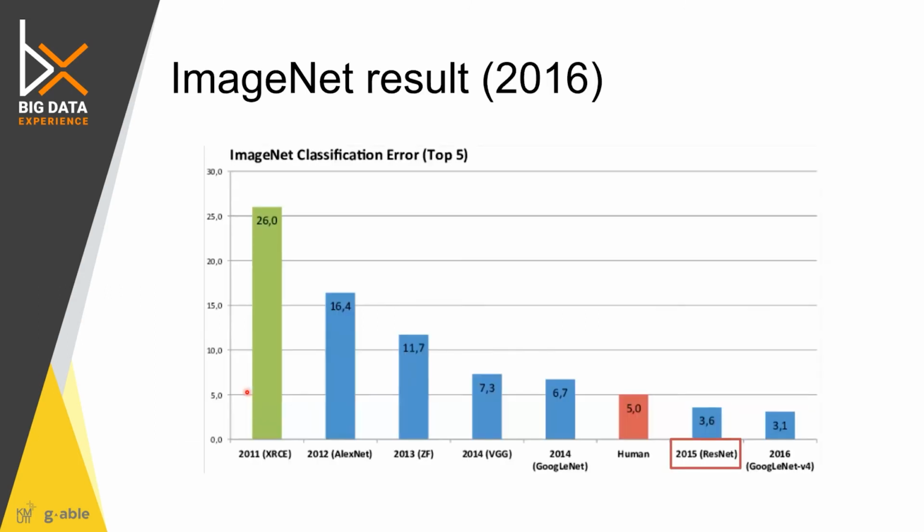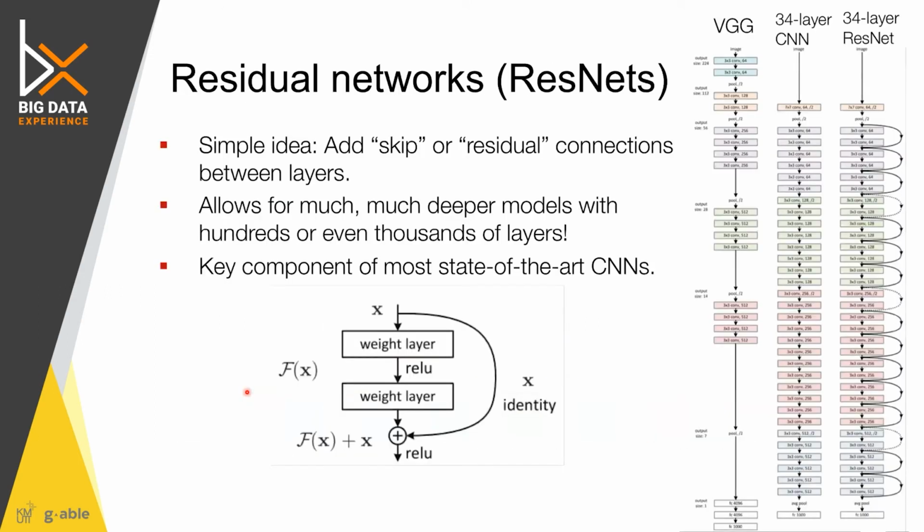In 2015, we have the proposal of the infamous residual net, the ResNet. The ResNet uses the residual, the skip connection. Compared to VGG, where we have multiple layers of convolution, in the ResNet, instead of having just multiple layers of convolution, you have a skip as well.